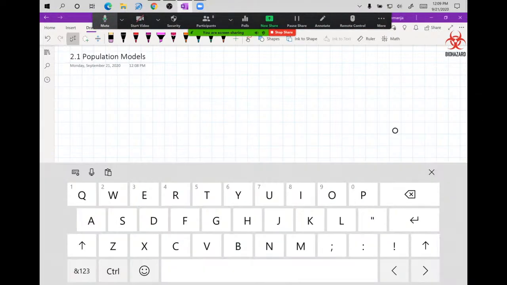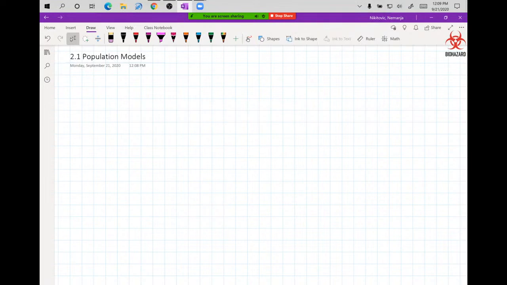This is section 2.1 on population models. The lecture will fill in the blanks for what we did in the past with the separation of variables.